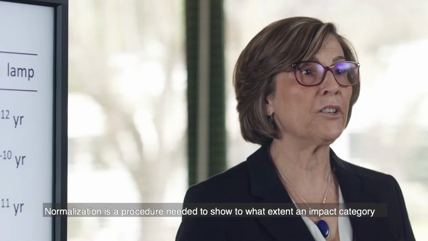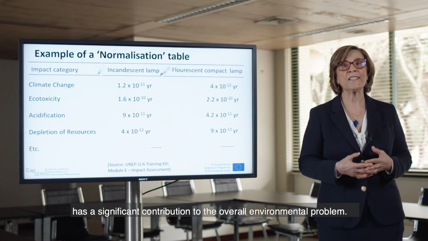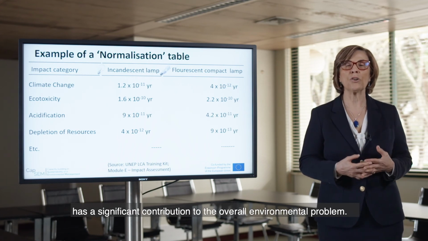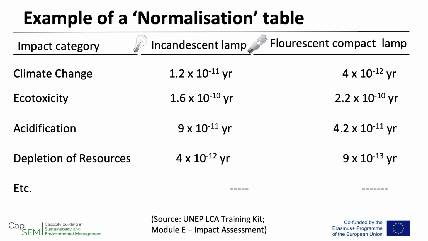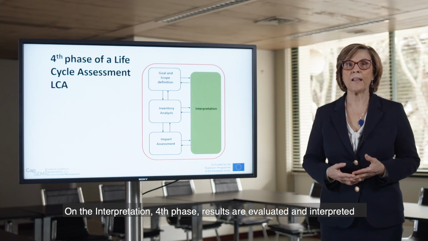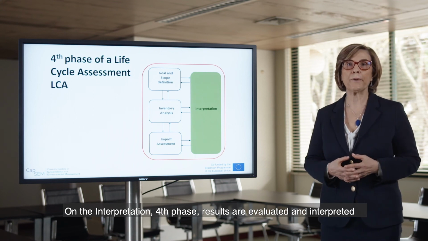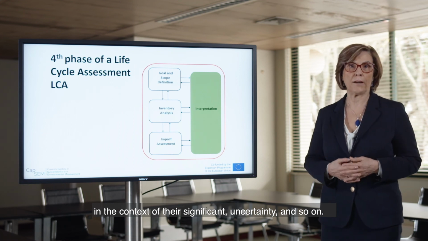Normalization is a procedure needed to show to what extent an impact category has a significant contribution to the overall environmental problem. Normalization for the case study of the lamp is described here. In the interpretation phase, results are evaluated and interpreted in the context of their significance, uncertainty, and so on.